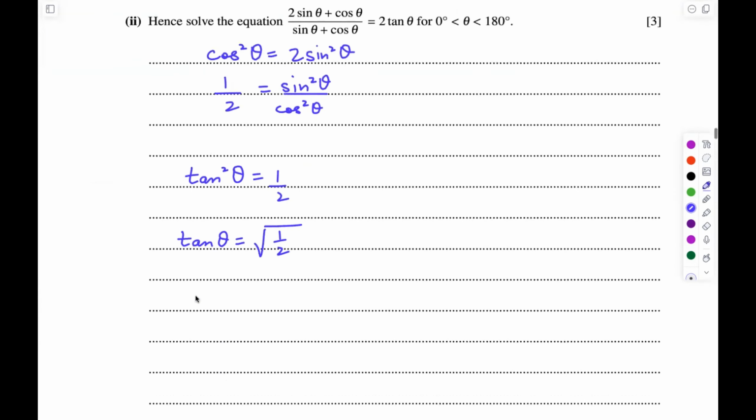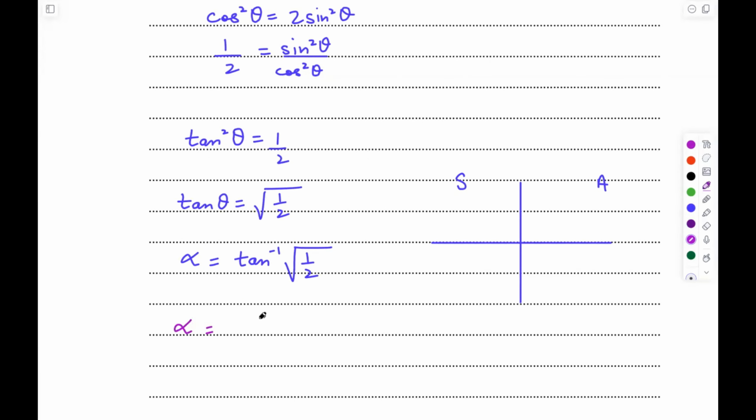Now to find theta, or to find the basic angle first, we'll do tan inverse of square root of 1 upon 2. This square root of 1 upon 2 basically implies that we can have both angles in the positive and the negative quadrants of tan. And as the domain of theta values is from 0 to 180, tan is positive in the first quadrant and it is negative in the second quadrant, but as it is a square root sign, we'll be making the basic angle in both of these quadrants.